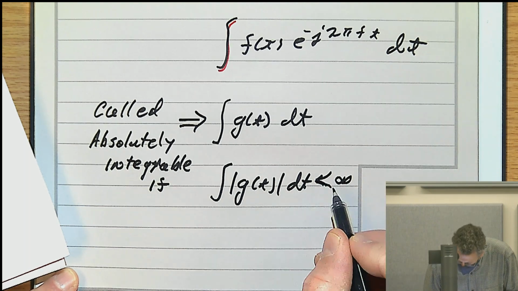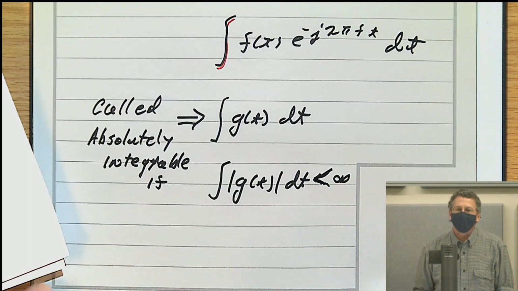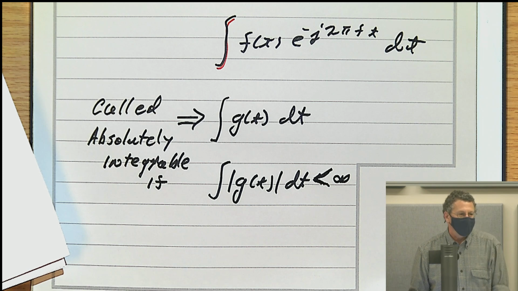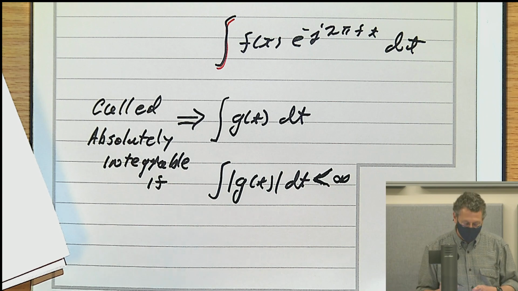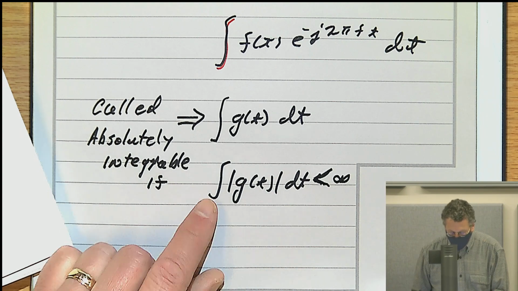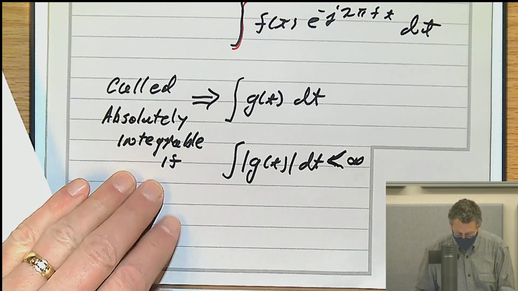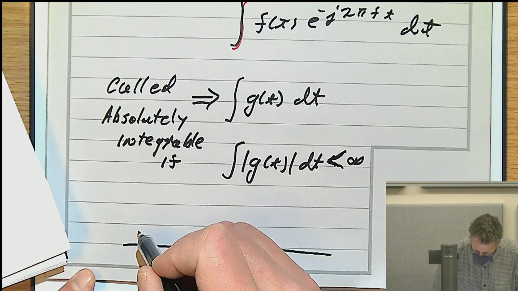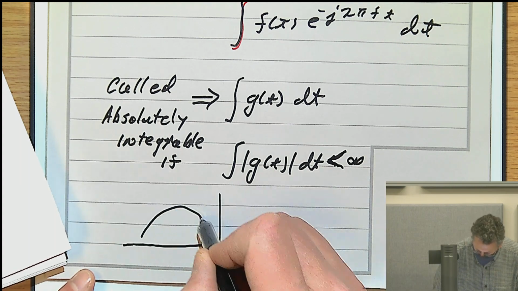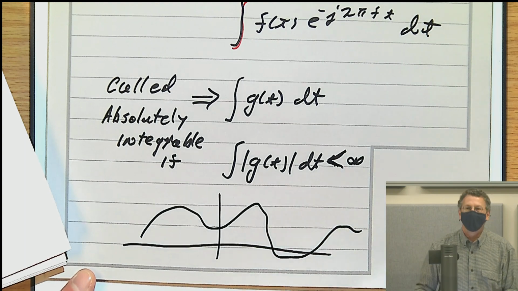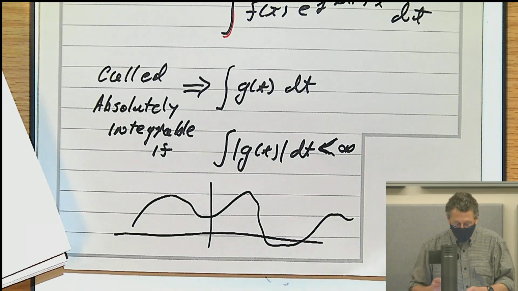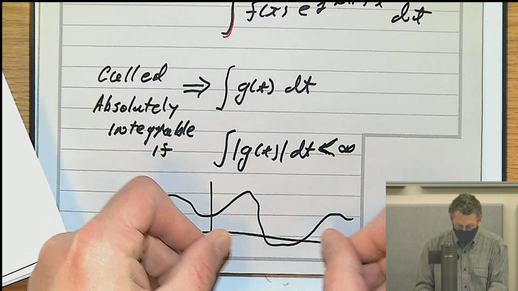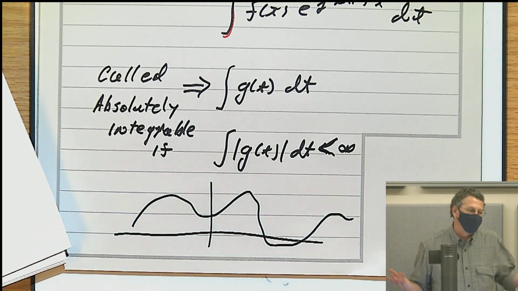So most integrals we'd like to deal with should be absolutely integrable. In other words, the total absolute area under the curve is finite. If that's not true, then it's very disturbing, because you would certainly expect that if you integrated little pieces of a function and then added them up, you should get the same answer.